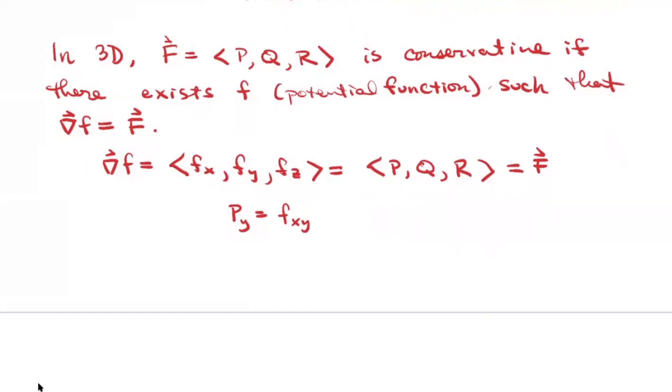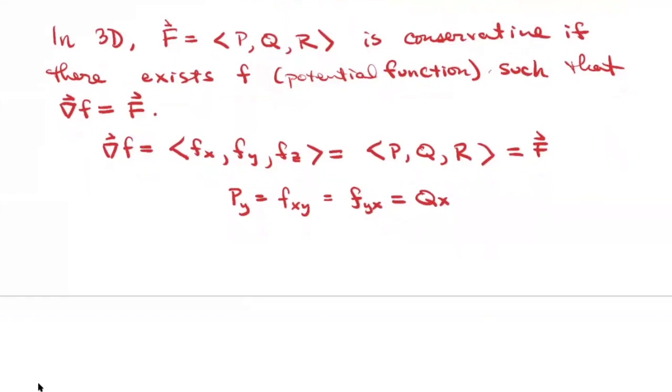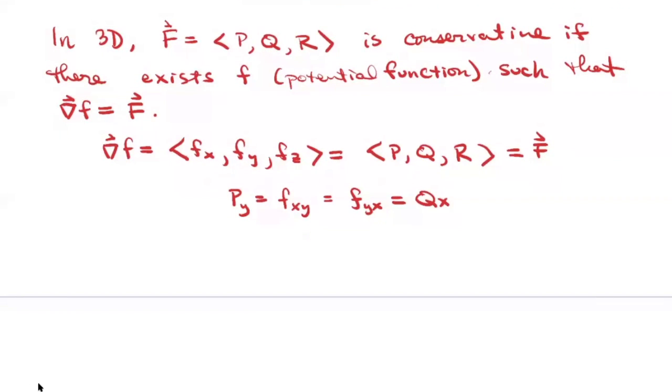Py is Fxy. But for mixed partials, it doesn't matter what order you do them in, so that would be Fyx. And Fy is Q, so this would be Qx. Okay, any questions? So that's what Py is.